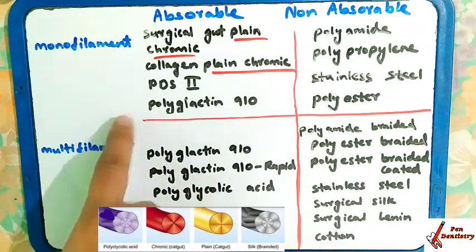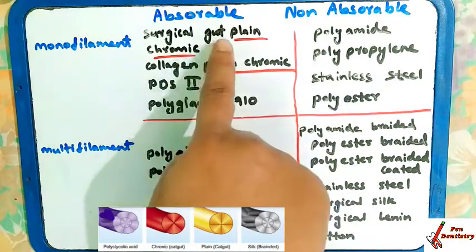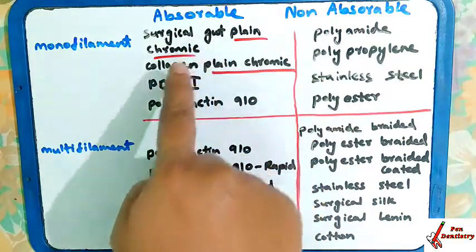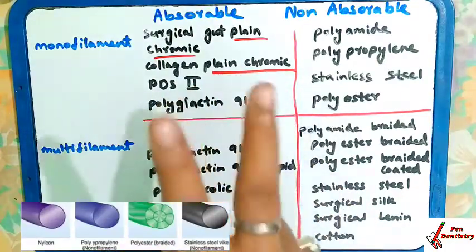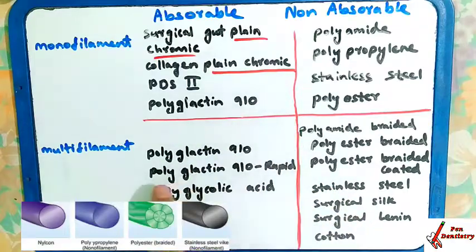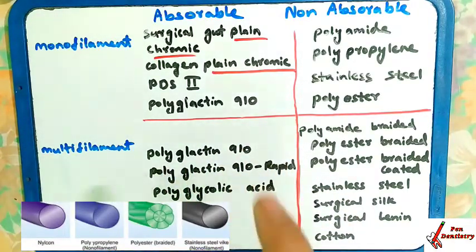This is the monofilament, and these are the multifilament: surgical gut, that is plain chromic, then collagen, PDS 2, polyglactin 910, polyglactin 910 rapid form, then polyglycolic acid. This is the absorbable.